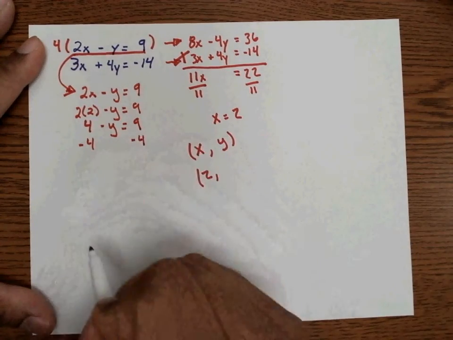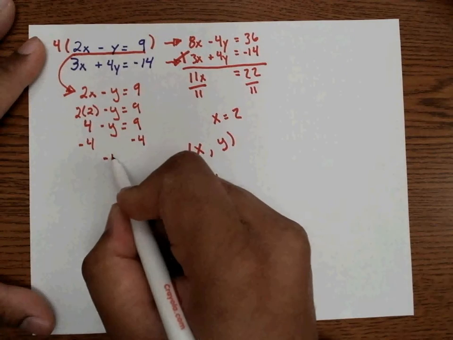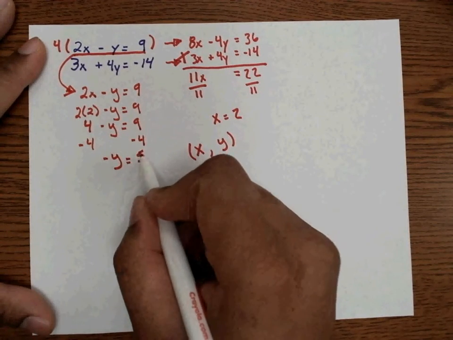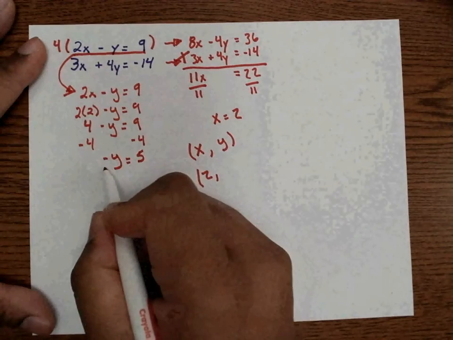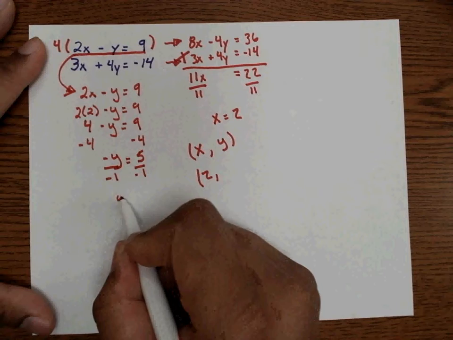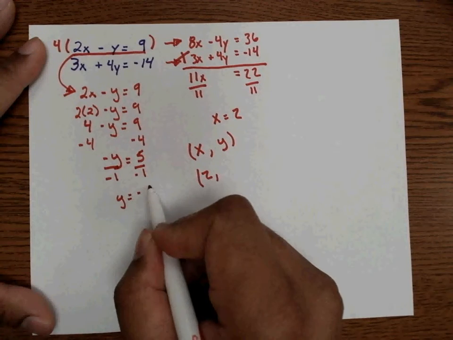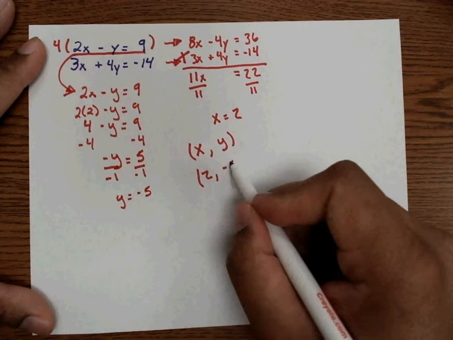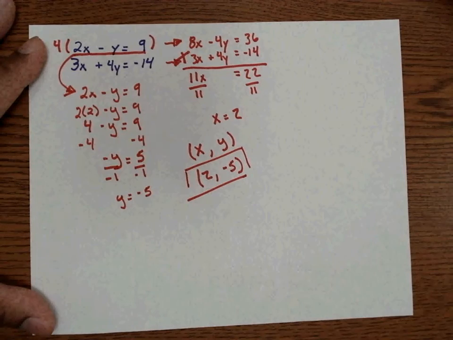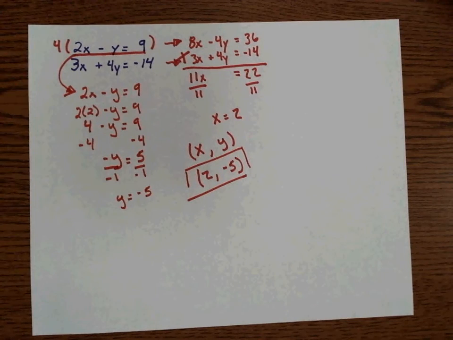We get minus 4. So now we have a negative y, because there's a minus that we cannot forget about. 9 minus 4 is 5. And then we divide everything by negative 1. And we find out that y is equal to negative 5. So the answer to this system is 2 comma negative 5.